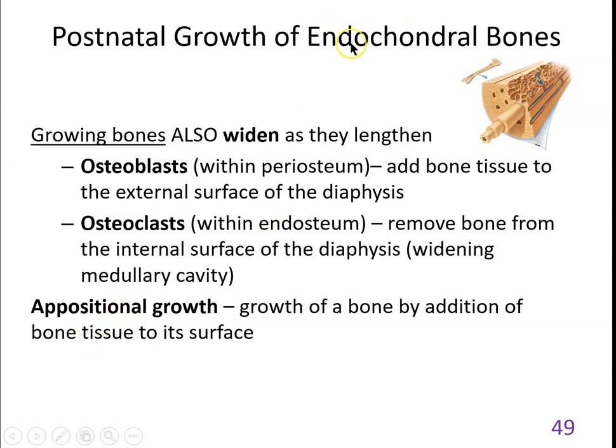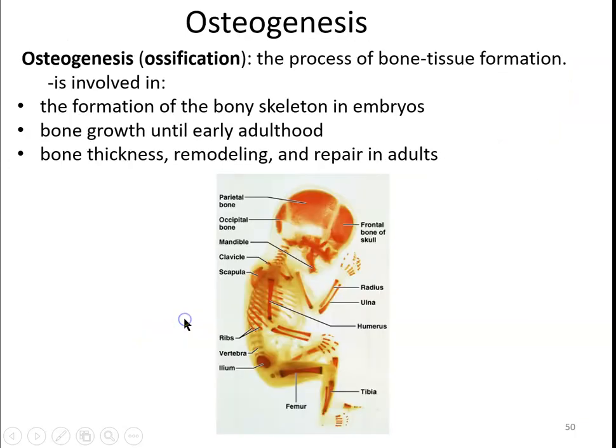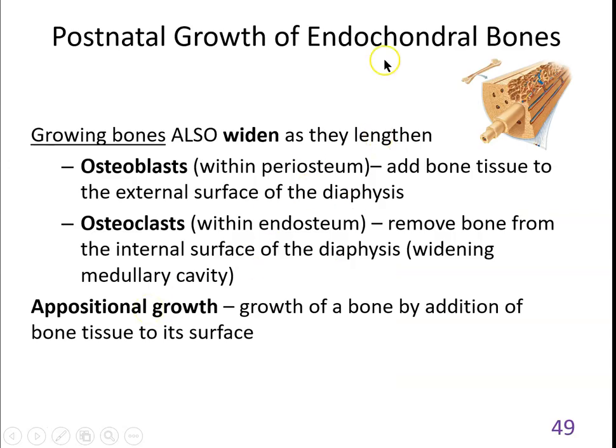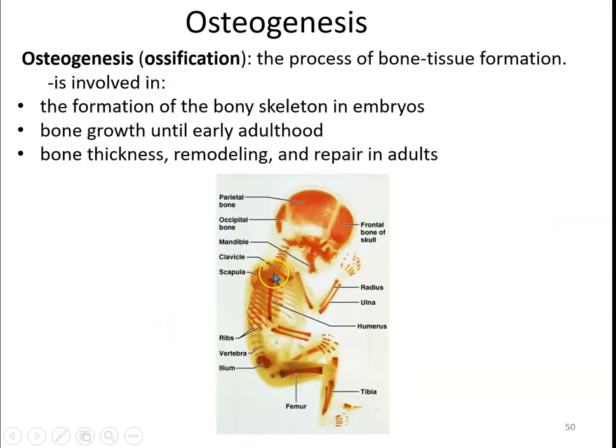Well, endochondral ossification is interstitial growth. It's from within a tissue. Appositional is growth on the outside of a tissue, like what you would find in the periosteum. And that's how these bones get thicker. So osteogenesis makes the bony skeleton, converts it to bone, thickens, repairs bone.